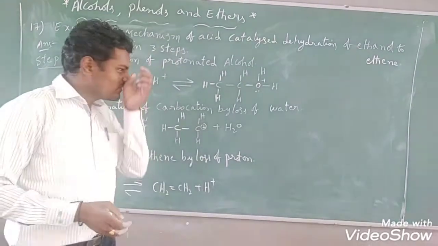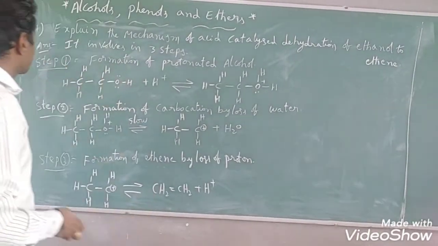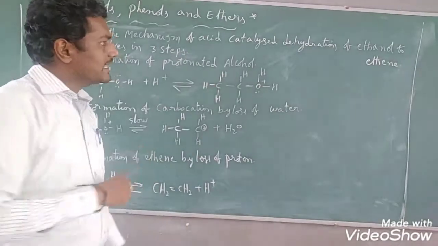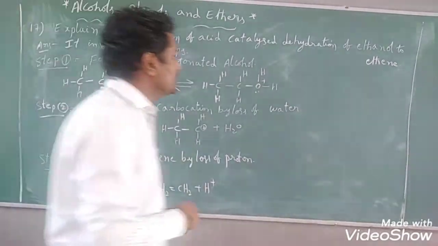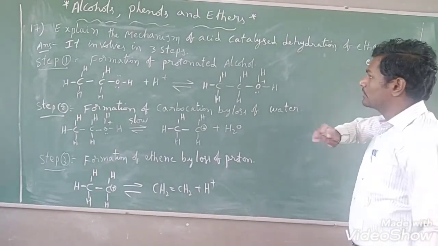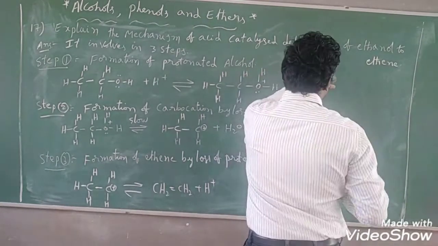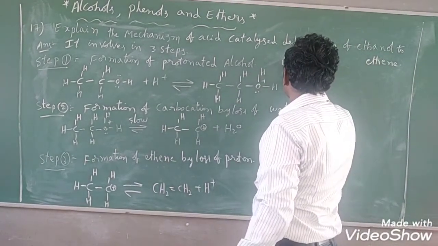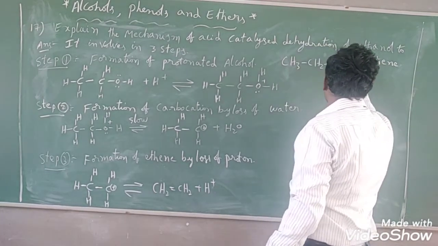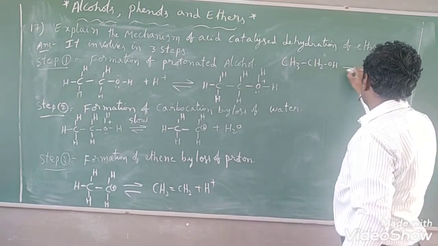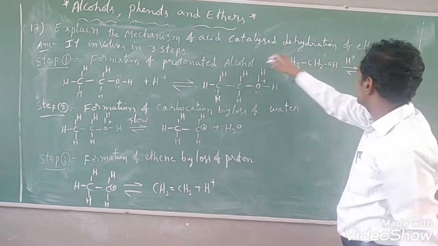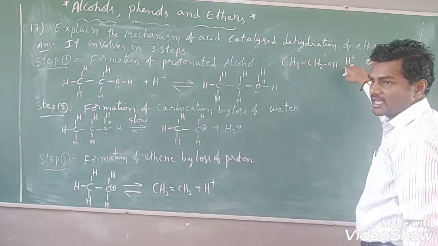Let us see, students, one more important question for 3 marks: explain the mechanism of acid-catalyzed dehydration of ethanol to ethene. Dehydration means what? Removal of water molecule. Ethanol to ethene: suppose you take ethanol like this, CH3CH2OH, and dehydration with acid catalyst, so that's why H plus ion, right?